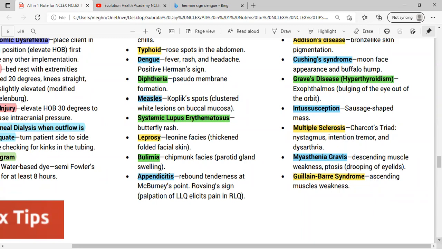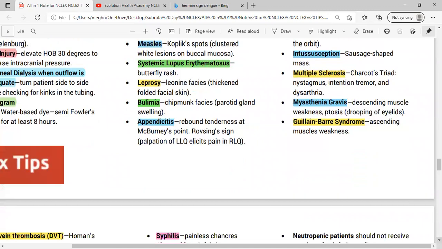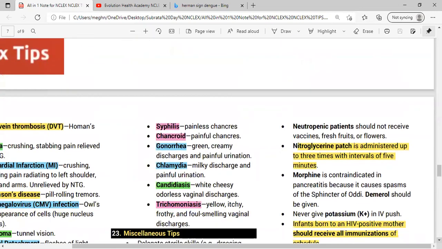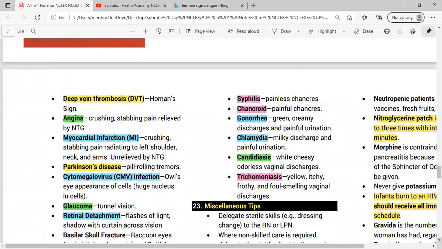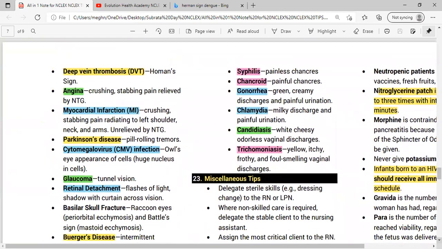So here we are only talking about the most prominent signs and symptoms. If a question comes from this topic, they must give you the most prominent sign, so you can easily get it. If a patient has deep vein thrombosis, we find a positive Homans sign.